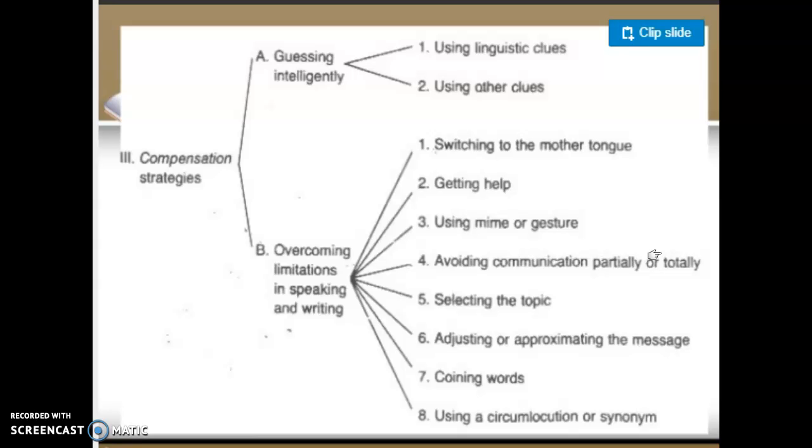And then compensation strategies, you can see here: using linguistic clues, using other clues, switching to the mother tongue, getting help, using mime or gesture, avoiding communication partially or totally, and selecting the topic.